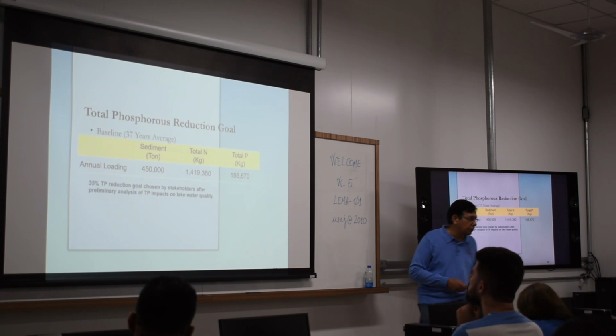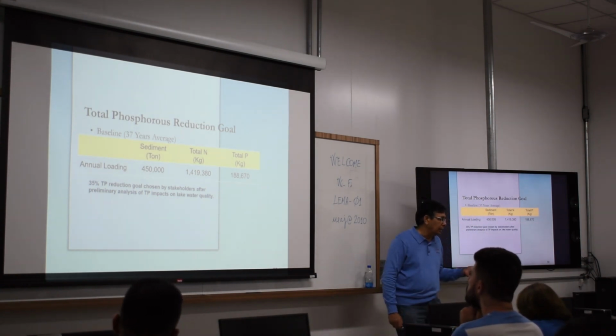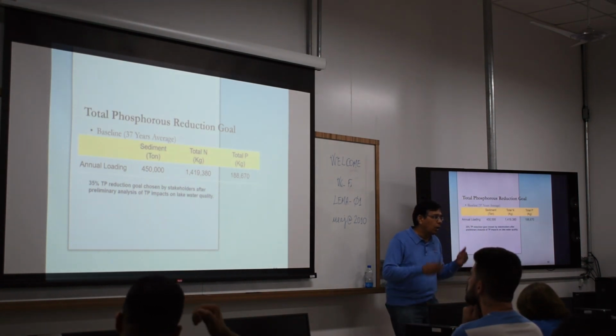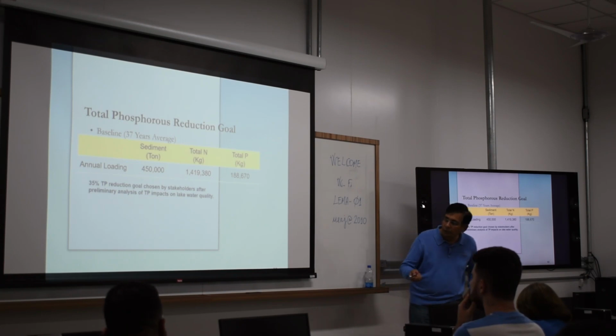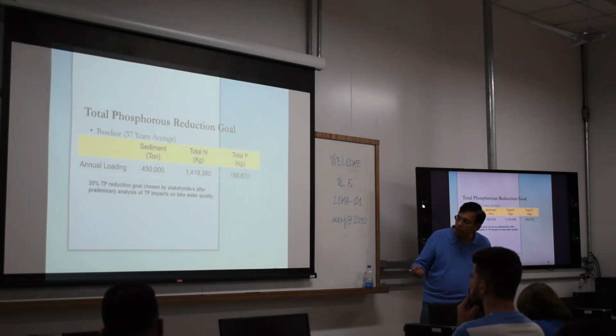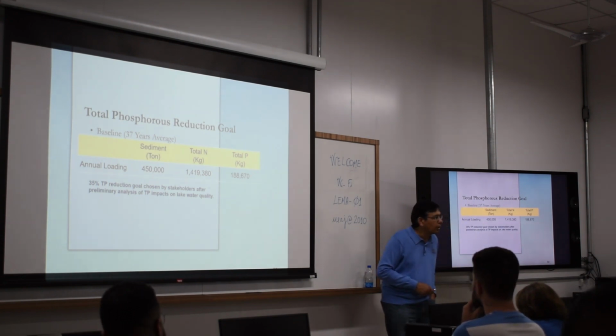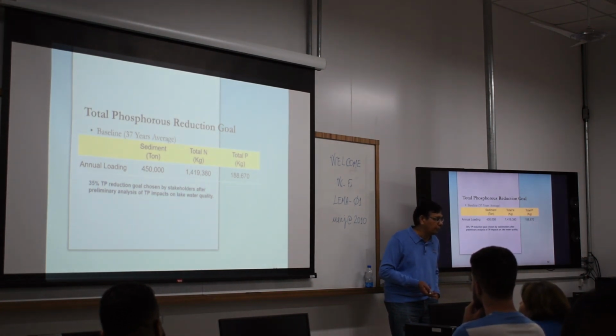This is where we did a reverse modeling, going back to the lake model to look at how much we have to reduce to reverse the trend of algal production in the lake. That means we have to reduce this load by 35%, from 200,000 down to more like 150, 140. Almost 60 to 70,000 kilograms we have to reduce. So that's the objective for this project.